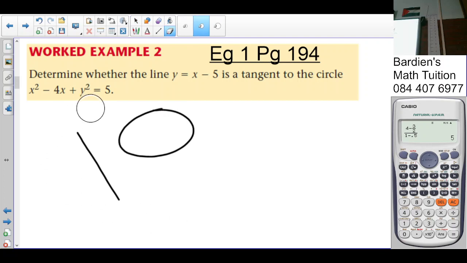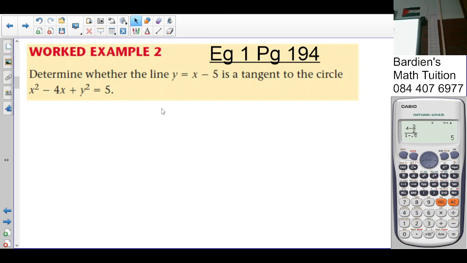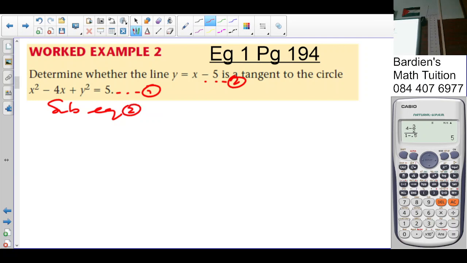So what happens is, we're going to do simultaneous equations. If this is equation 1 and equation 2, we're going to substitute equation 2 into equation 1. So what do we get now? Let's do the substitution.